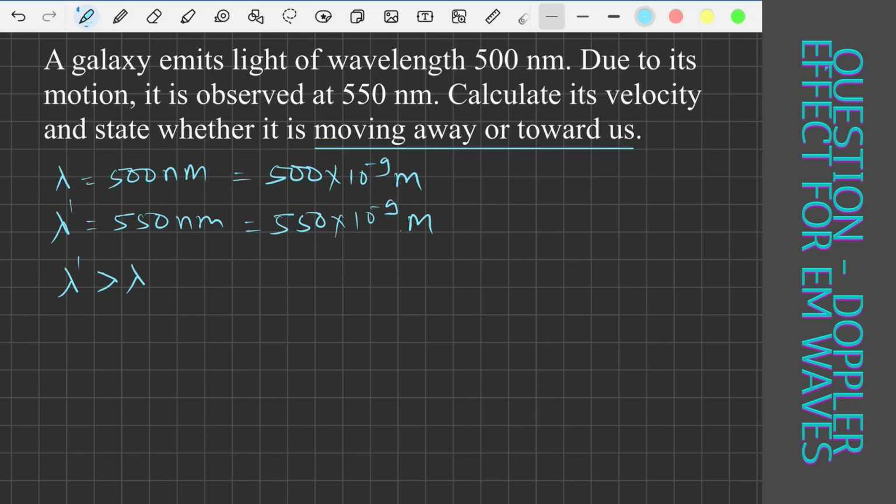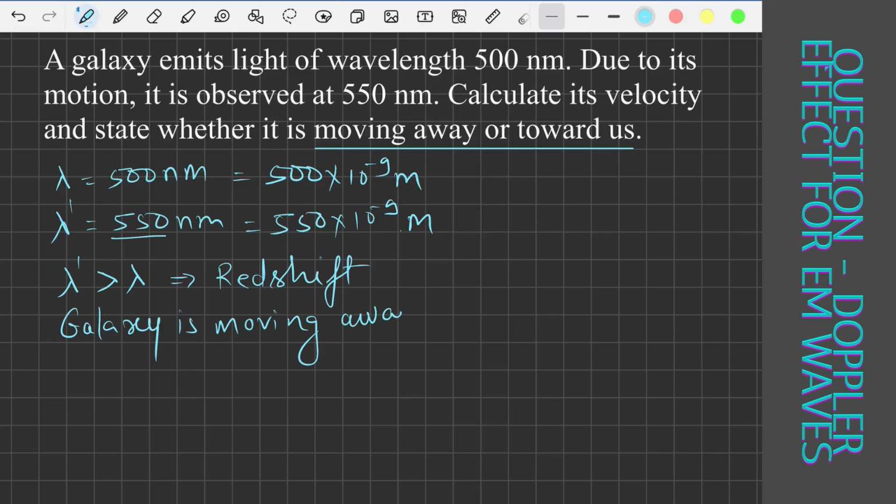So now the observed wavelength is increasing. It means it's greater than the original wavelength. So we can say this is a redshift. And since this is redshift, the galaxy is moving away. So this is the answer of last part of the question.